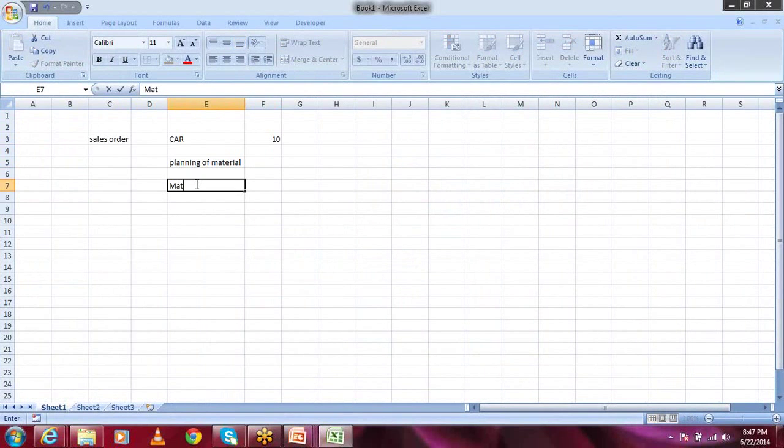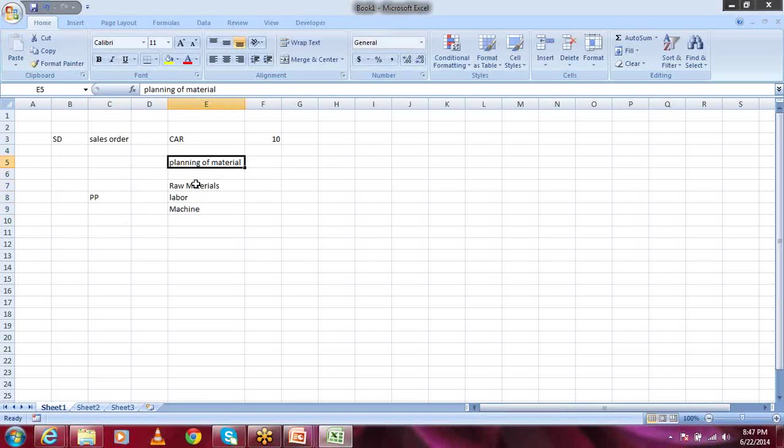You require materials, meaning raw materials, and you require labor and machine also. These are the things you require to manufacture a car. Planning of these materials, labor, and machine is dealt with in our PP module. The creation of the sales order uses the SD module, sales and distribution.